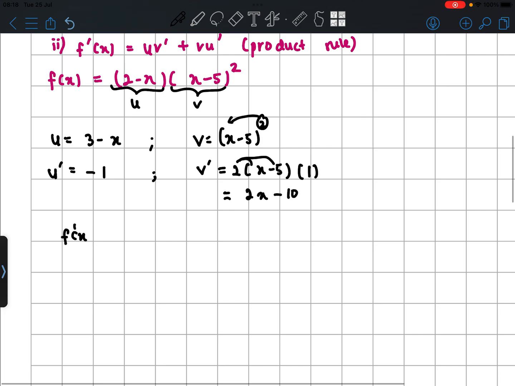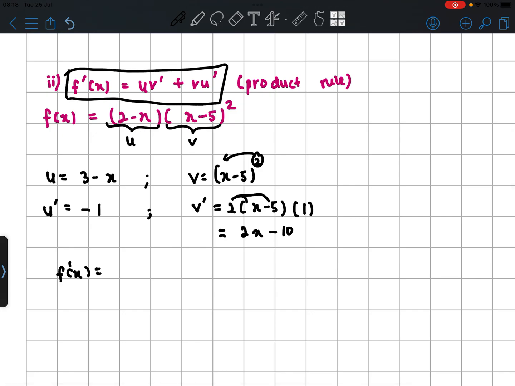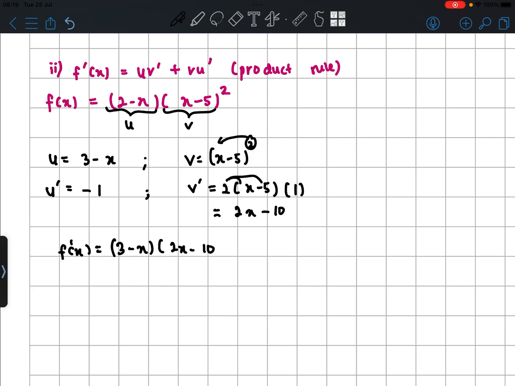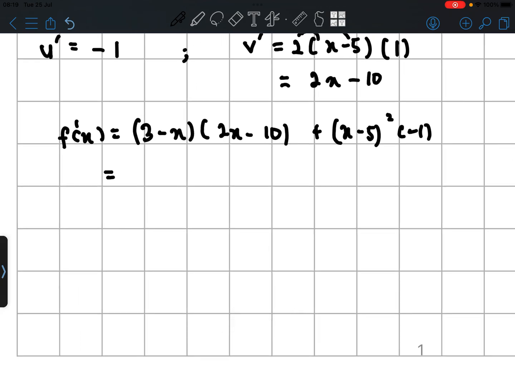Hence you have f prime of x, so you just insert into here. So u is 3 minus x, v prime is 2x minus 10. Okay, plus v, our v is (x minus 5) squared, u prime is minus 1. Okay, then we just expand this. So this times this is 6x, this times that is minus 30.